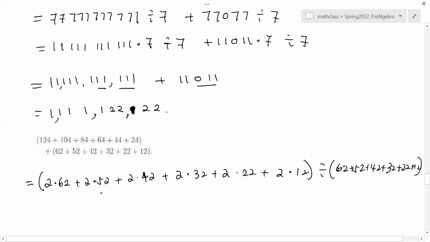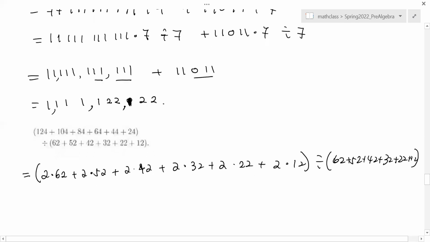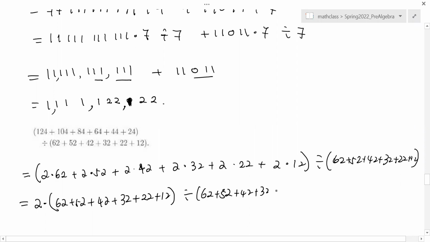Here you get the common factor. So you can take a 2 out, times 6^2, 5^2, 4^2, 3^2, 2^2, and 1^2, divided by 6^2, 5^2, 4^2, 3^2, 2^2 plus 1^2. But you don't need to know the exact value of that.